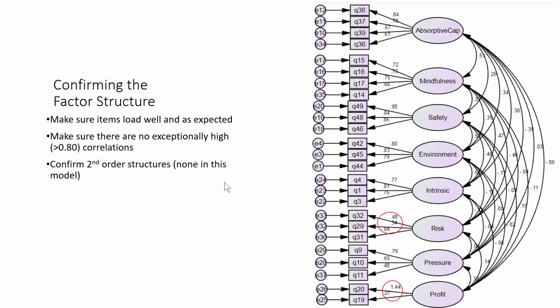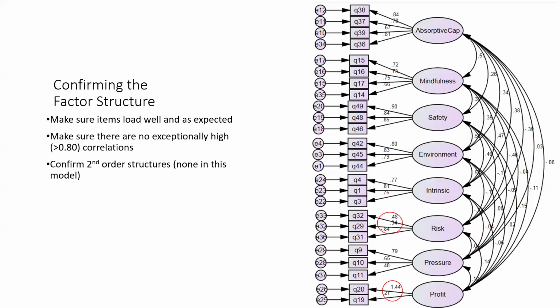Sir, this correlation shows the same as discriminant validity? Yes, it will be similar to that. High correlation means you face discriminant validity problems.